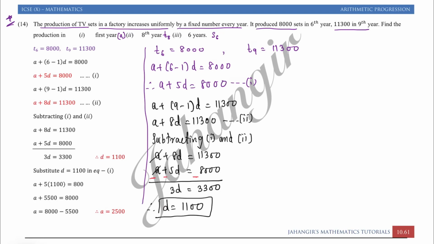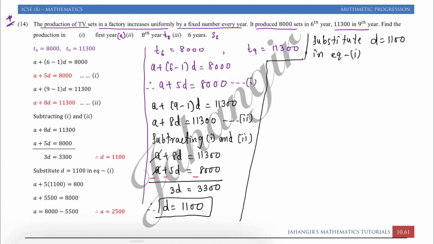So we got the value of D. Now we will substitute this value of D in equation 1. So substitute D is equal to 1,100 in equation 1. So in equation 1 we have A plus 5D, D is 1100, that is equal to 8,000.